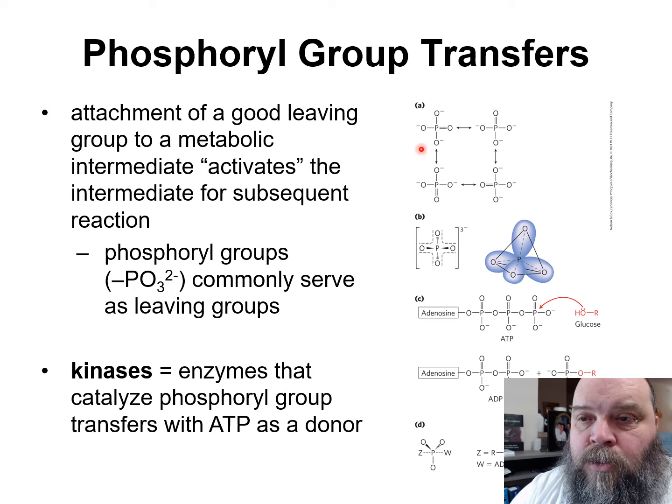Normally we draw it as it shows here in A. 3 single bond oxygens around a central phosphate and 1 double bond oxygen. The single bond oxygens are all negatively charged, thus this is polar.